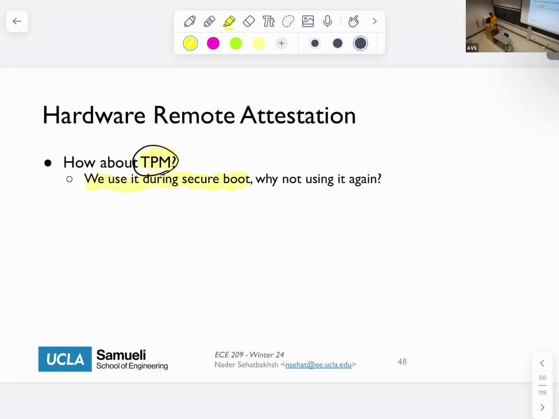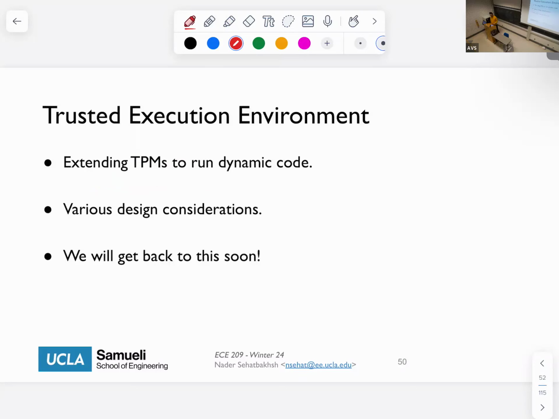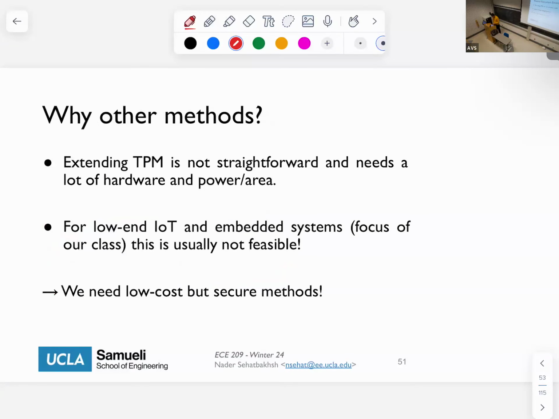What we are proposing here is that you can actually use it for actual computation. And as I said, this is the idea of what we call a trusted execution environment. Essentially, we are extending TPM to run dynamic code. We're going to get back to this next week when we are talking about trusted execution environments. Just remember that there exists a solution for this.